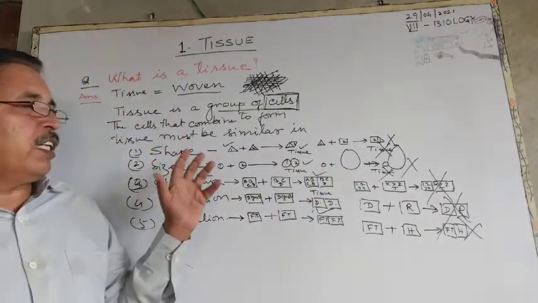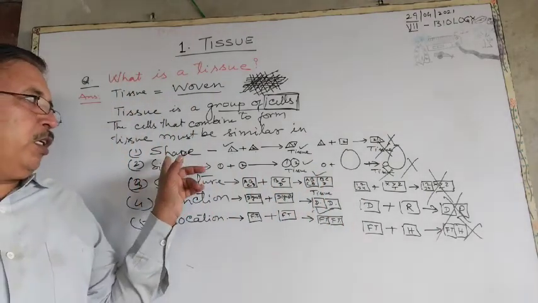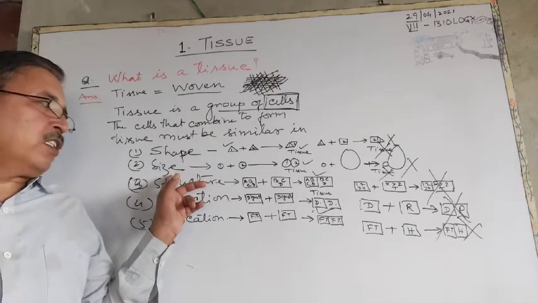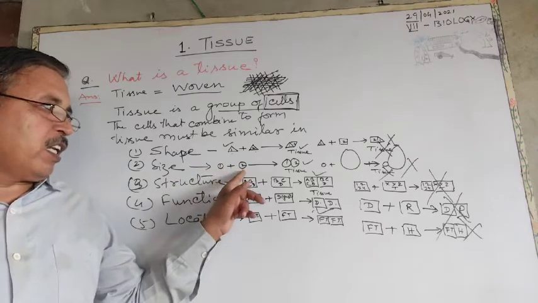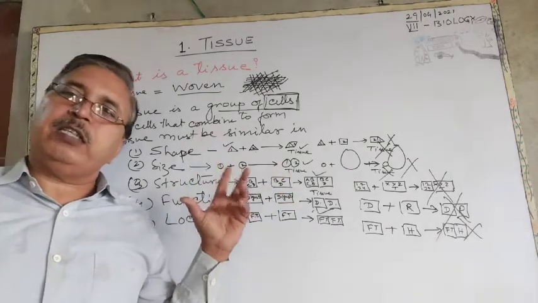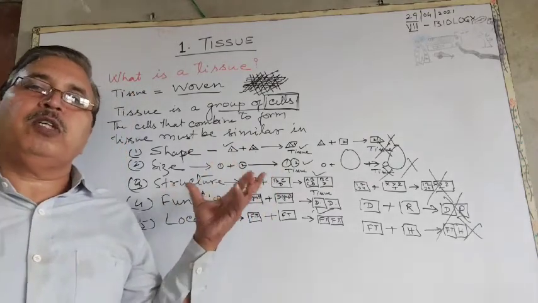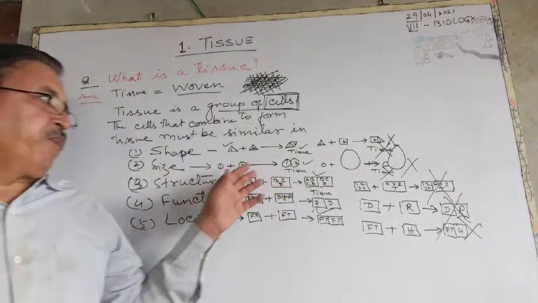So the cells that combine to form a tissue must be similar in shape, and similar in size. As regards size also, this is one cell, this is another cell, their size is more or less the same, slight variation may be there. Otherwise I would have told you that they must be exactly the same. No, nearly the same, right?